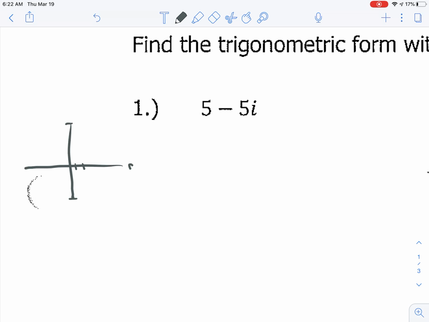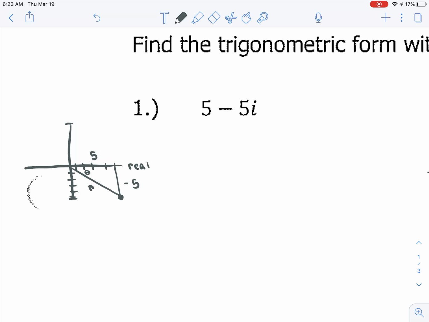So this would be equivalent to going over 5 and then down 5. I'm talking about this point right here. But in order to write this in trig form, I need two things. I need this distance here, and we're going to call this our r value, and then I need this angle theta here. So as we've been doing, creating triangles, we have this measurement of 5, -5.